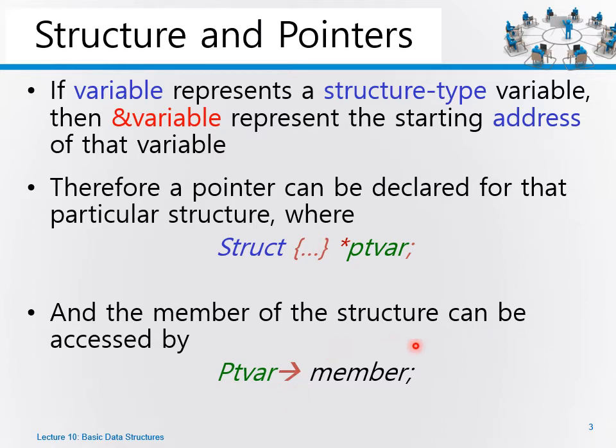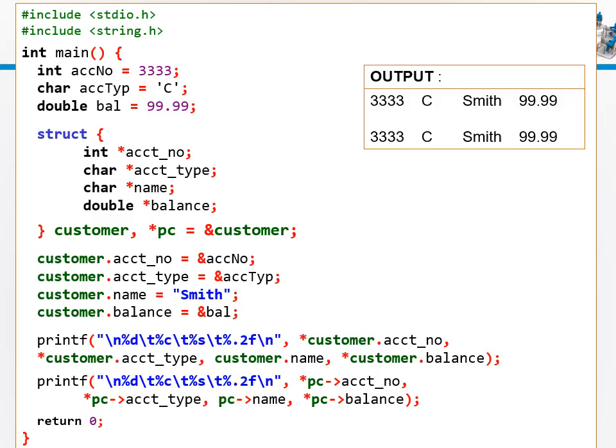Let us see the example. Given three variables, we have integer account number, character account type, and double balance. These are three variables outside of the struct.